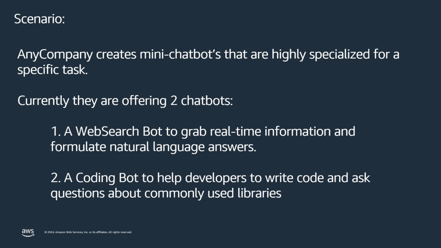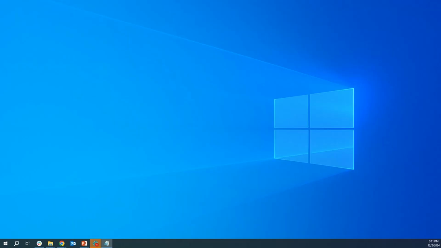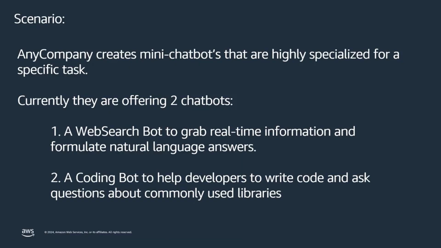Currently, they offer two flavors of chatbots. The first one is a web search bot, and this can grab real-time data and give a natural language response to a user. The second one is a coding bot to help developers write code and ask questions. We'll take a look at how both of these applications can be managed via application inference.